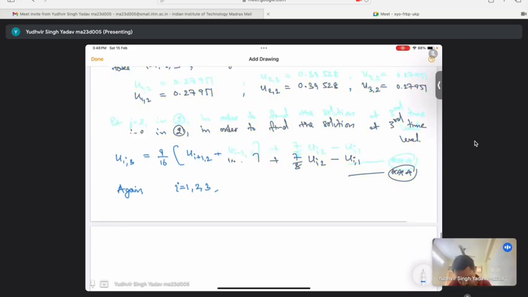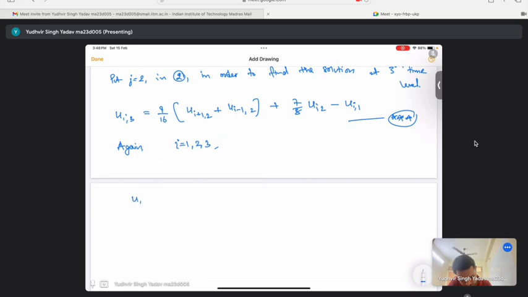So u(1,3) value is given by minus 0.12369, u(2,3) comes out to be minus 0.17493, and u(3,3) comes out to be minus 0.12369. So these are the solutions at the third time step.